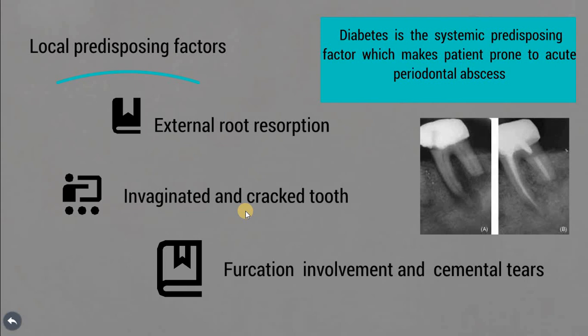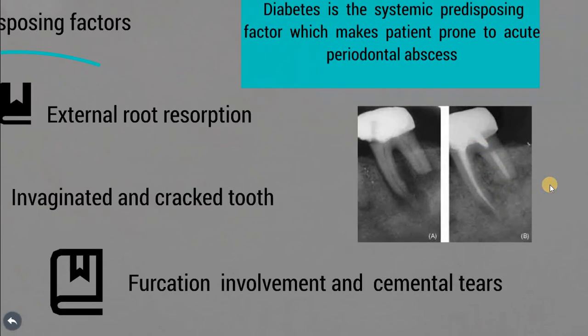So systemically, diabetes is the risk factor. Local predisposing factors also include external root resorption as we talked about, invaginated or cracked tooth, furcation involvement, and cemental tears. Like you see here, for example, this is an external root resorption. It will lead to formation of an abscess unless it is treated with good endodontic treatment.